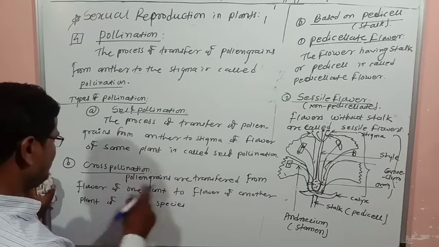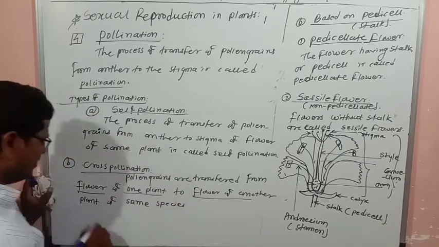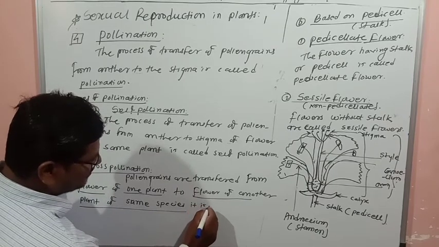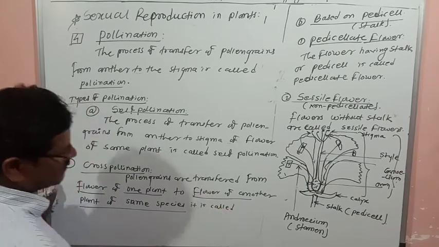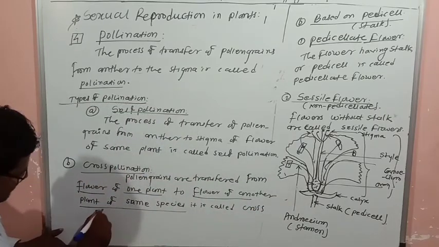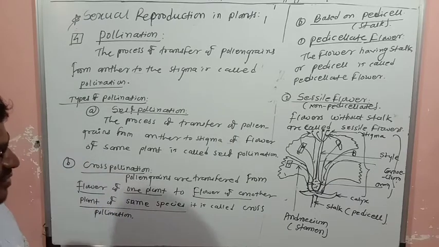Pollen grains are transferred from the flower of one plant to the flower of another plant of the same species. It is called cross-pollination. I think you might have understood.